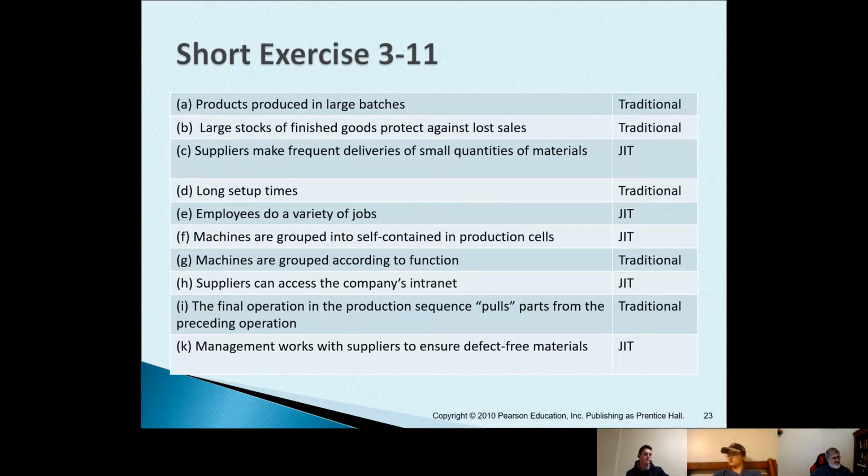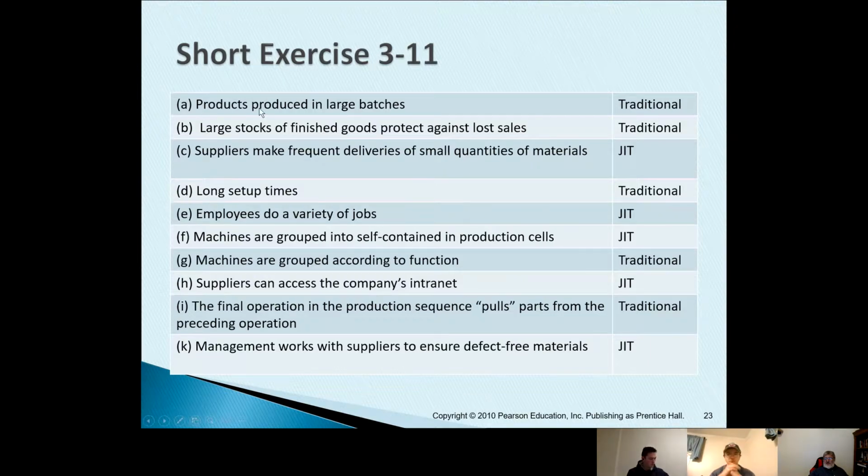This is just in time. So consider the following characteristics of either just-in-time production or traditional production systems, and we're going to indicate whether each is just-in-time or traditional. As you go down this chart, this is one I've already got filled out here for you.